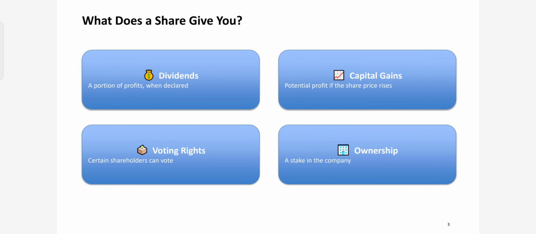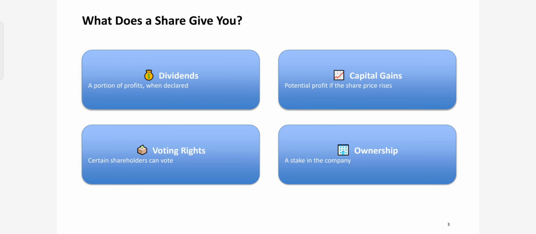So what does a share give you? A share can give you four things. It can give you dividends, which is a portion of profit when the company declares its net profit at the end of the year, semi-annually or quarterly. You can get capital gains through potential profit, which aids in raising the share price and also sets a perception in the market where you get a lot of buyers subscribing to your shares.